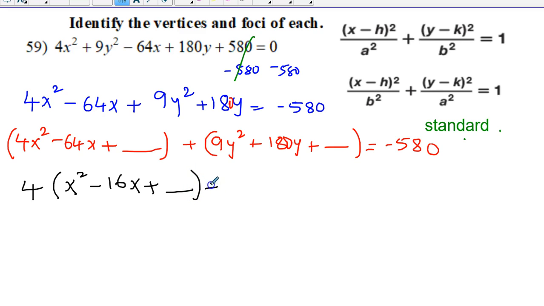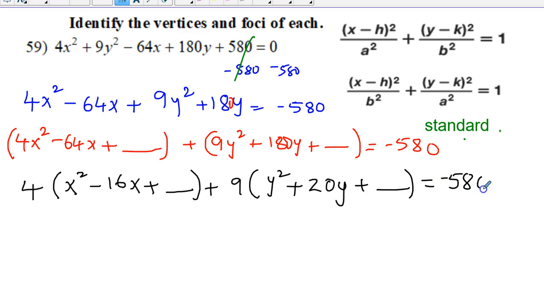We'll talk about it in the next step. Then you have 9 as a common factor in these two. 9 times y square is 9y square plus 180 divided by 9 is 20, so 20y, right? Same thing, 9 times 20 is 180, plus a blank is equal to negative 580.